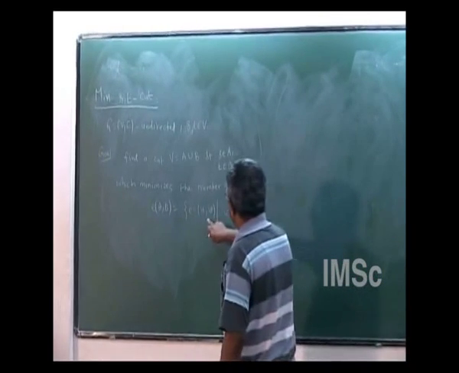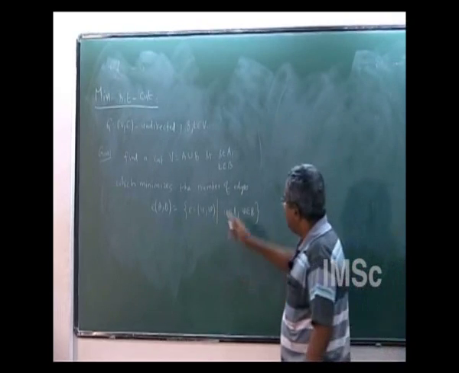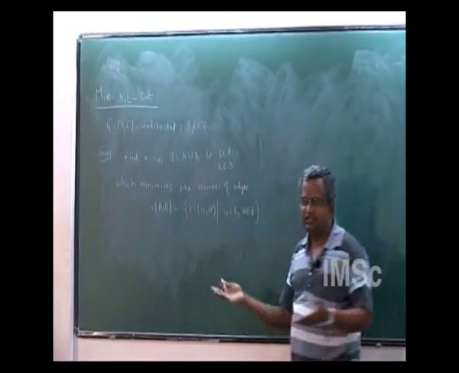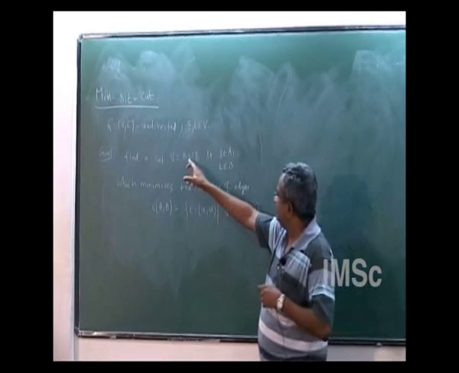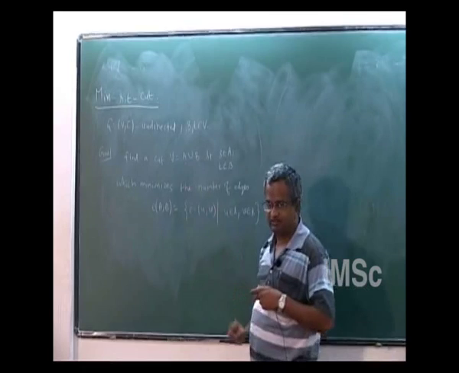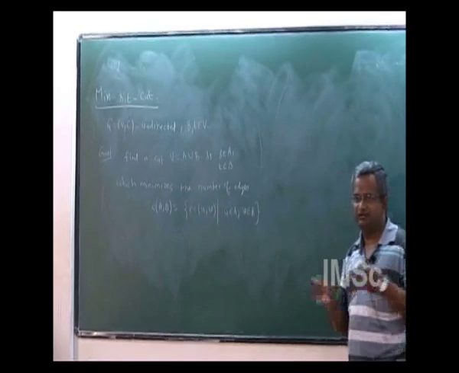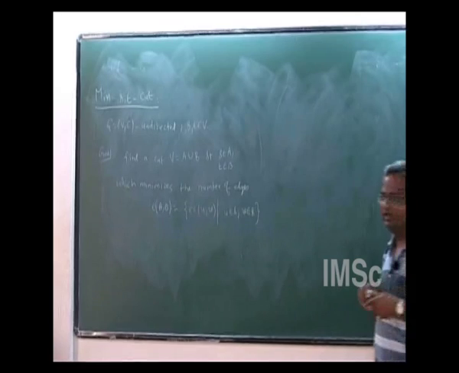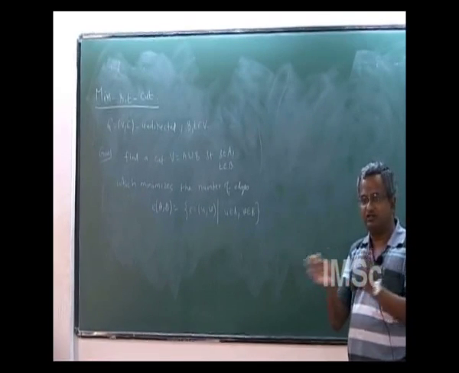Now, so the goal is clear, what we want to do. Naturally one can translate this into an integer linear program as follows. So you give a variable x to every vertex in the graph, and if it belongs to A you associate it with a 0, and if it belongs to B you associate it with a 1. And then you have to express the number of edges that go across them.